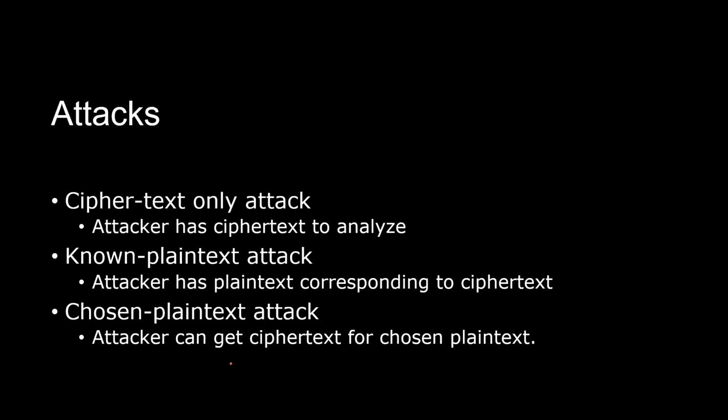Yeah, so the ciphertext only, of course, hacker has a ciphertext to analyze, but nothing else. So you're just given a ciphertext and you have to solve for it. Known plain text, the attacker has a plain text corresponding to the ciphertext, basically 1-to-1. And then chosen plain text attack is when the attacker gets ciphertext for a chosen plain text.